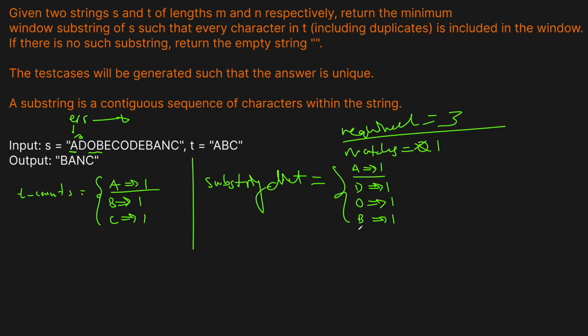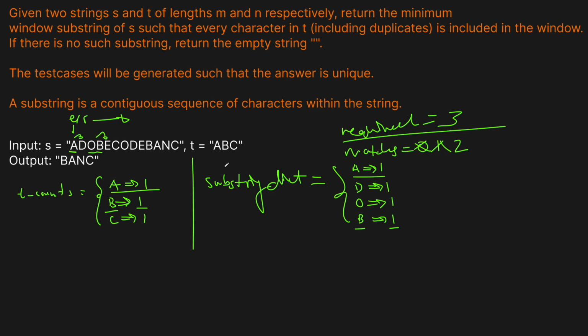And now, because we have a B in our substring dictionary, which is also in our t counts and the counts match, then we can say that we have another match here. So we'll have two matches here. And since we haven't matched all the characters yet, we can't try to make our substring any smaller. So we're just going to continue.